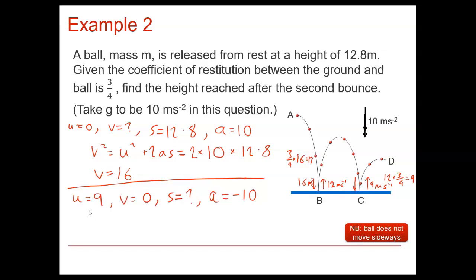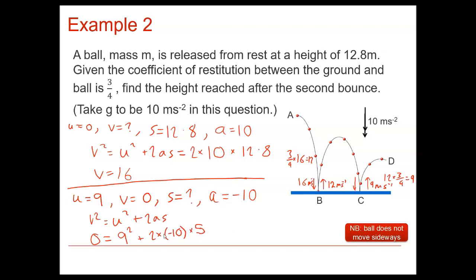And we could change that and we'd still get the same answer. So we've got the same 4 variables involved, so it must again be v squared equals u squared plus 2as. But v squared is 0, so 0 is equal to u squared, which is 9 squared, plus 2 times -10 times s.